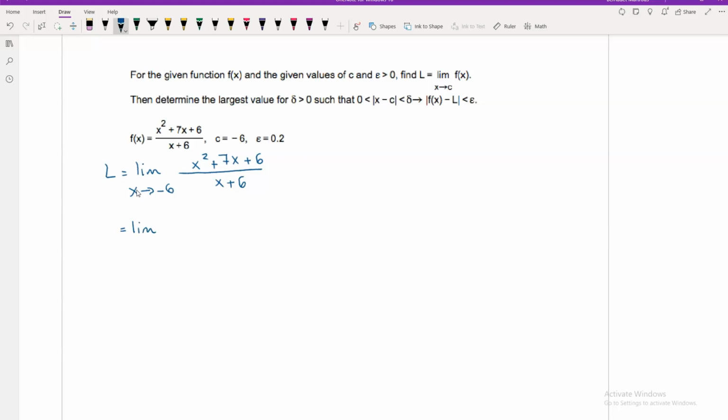If we use -6 instead for x, we will have 0 divided by 0, and that way we're not able to find the answer, so we have to factor what we have in numerator.